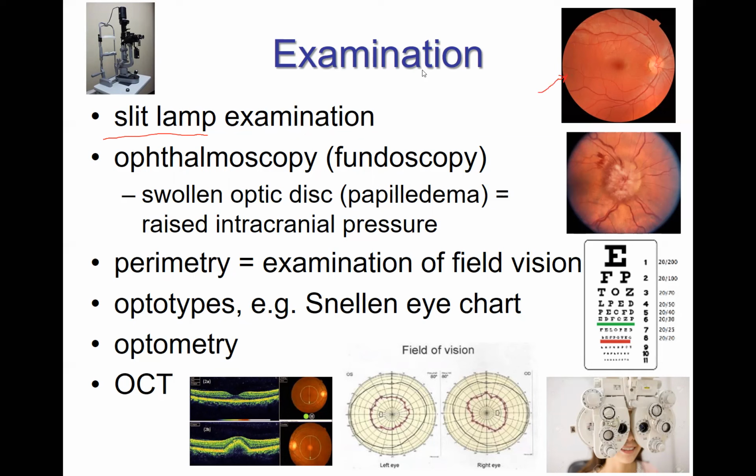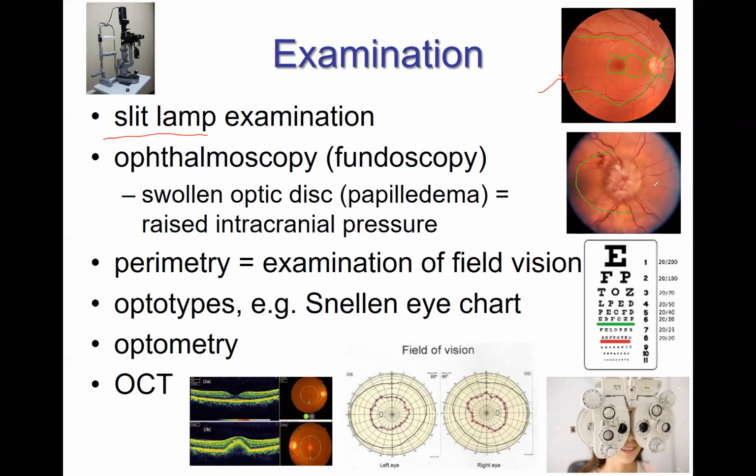This is the fundus of the eyeball, and please learn to draw it. The macula, the optic disc, and the temporal superior and temporal inferior arteriole, nasal macular. This is what you should draw, as you should understand it.